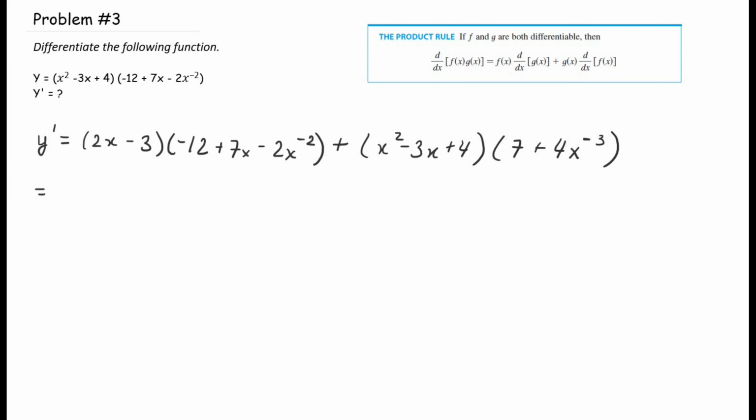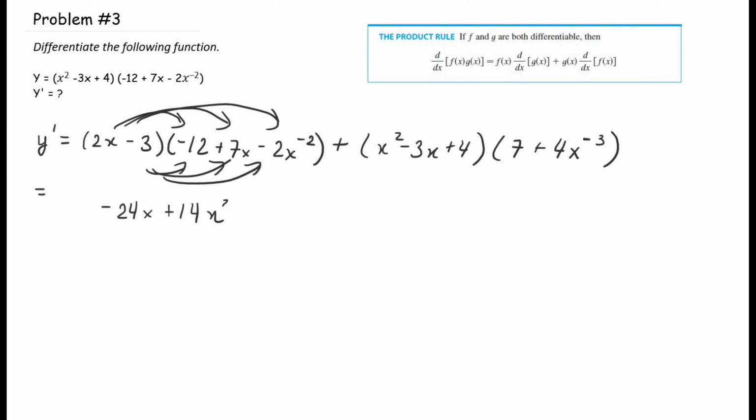So now all we have to do is use distribution. So this gives you minus 24x plus 14x squared minus 4x to the minus 1 plus 36 minus 21x plus 6x to the minus 2.